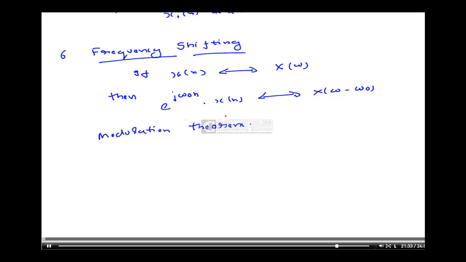Okay, next is differentiation in frequency domain.